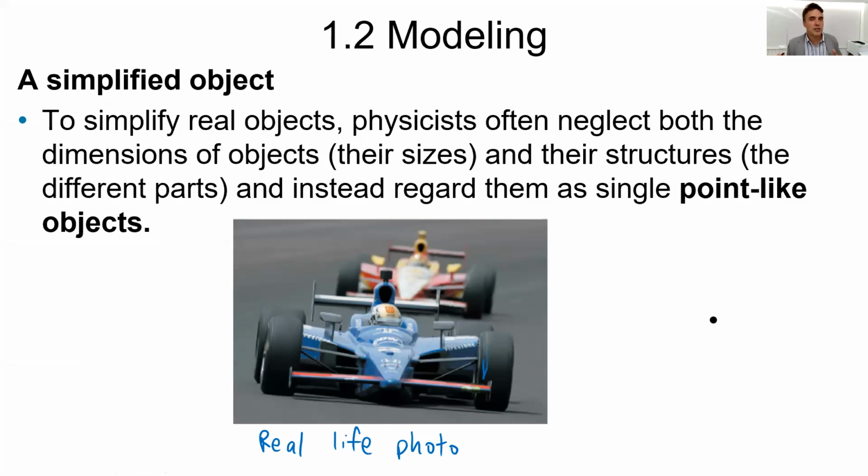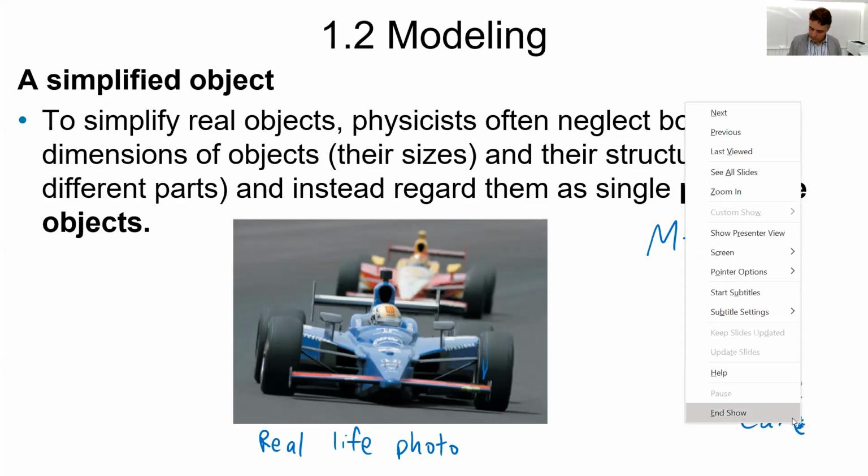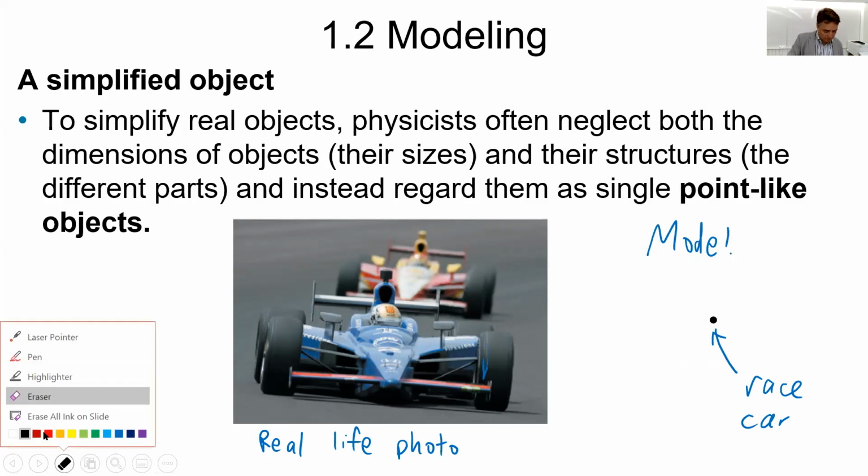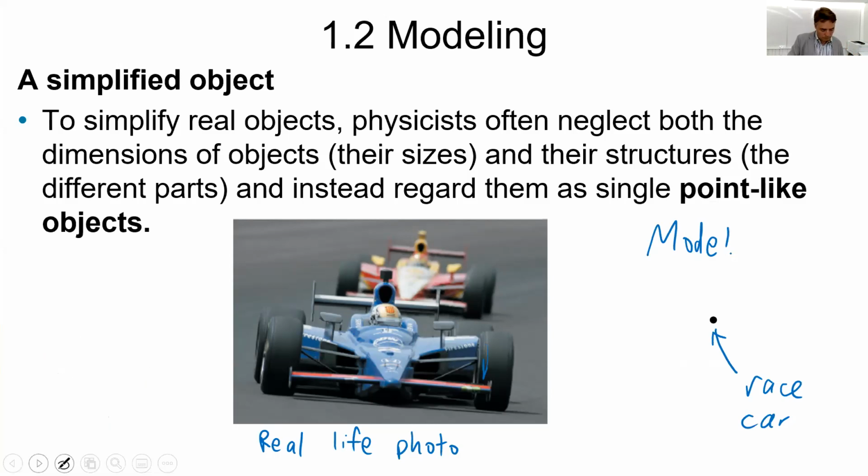But what really matters is how fast the whole car is going and where the car is. So you can just draw a point and say, race car. You just draw a dot. And that's your model.